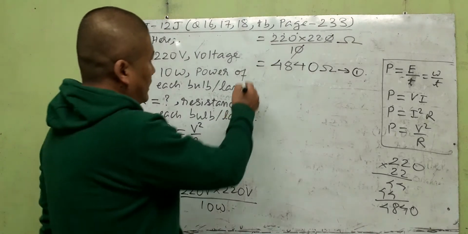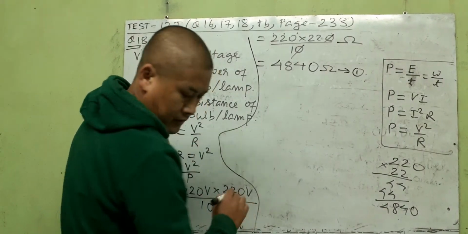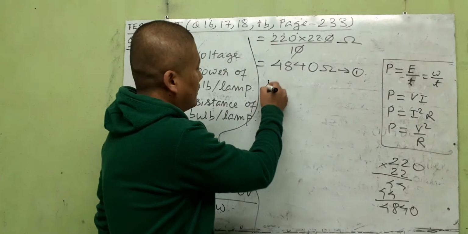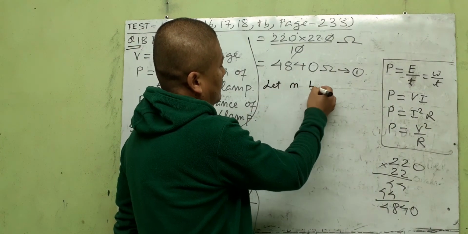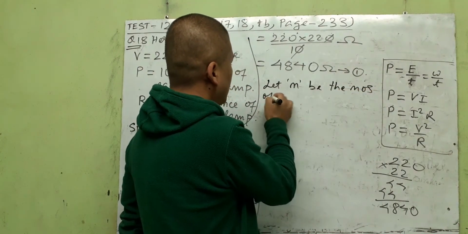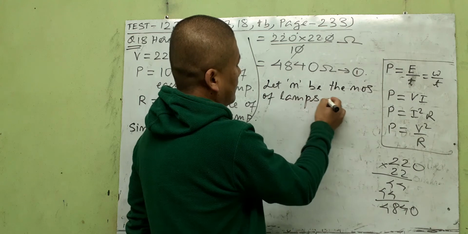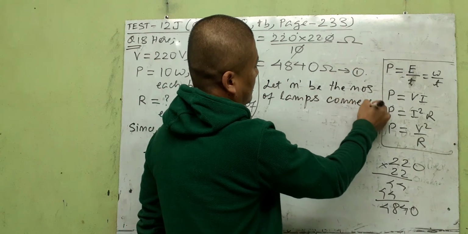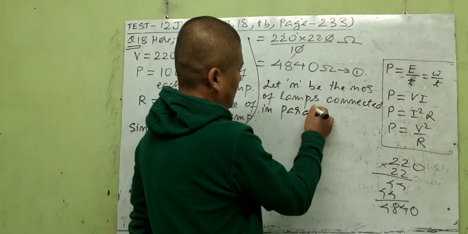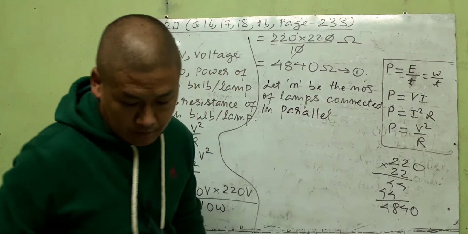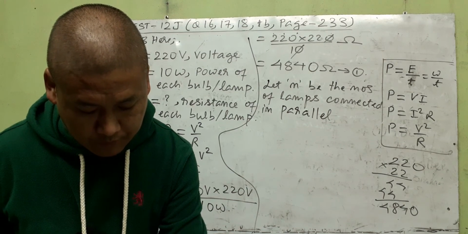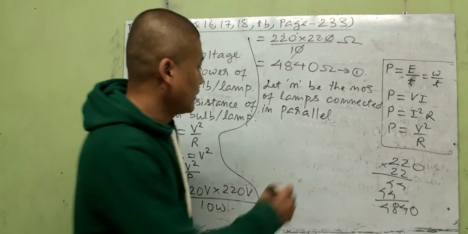So now the question is asking us something, so let us go and see how many lamps can be connected. So let n be the number of lamps connected in parallel. This is important, parallel, across 220 volt line.